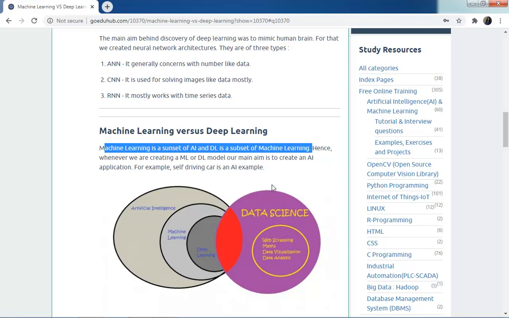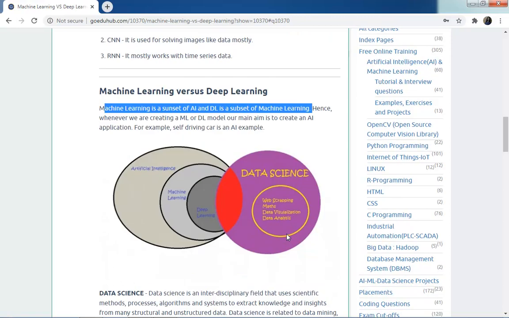So it means whenever we are creating an ML or deep learning model, our aim is to create an AI application. If you are developing any deep learning algorithm, it means you are automatically implementing artificial intelligence. And the most exciting example nowadays of AI is self-driving cars. And you can see in the reviews, two of my students have created a prototype of a self-driving car.